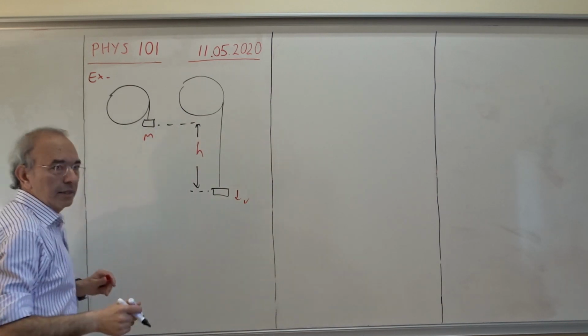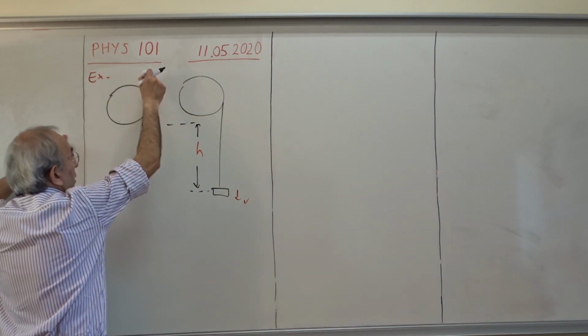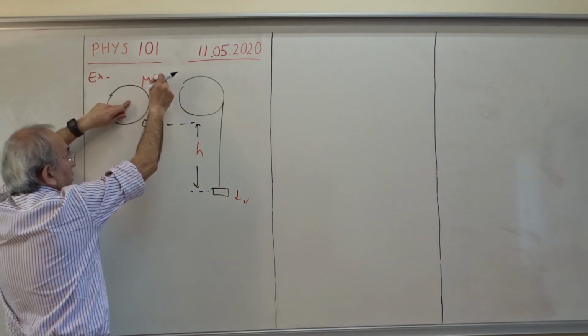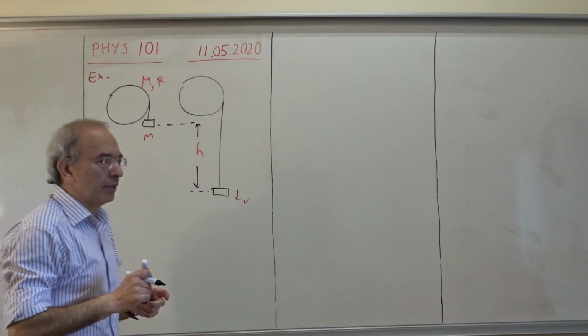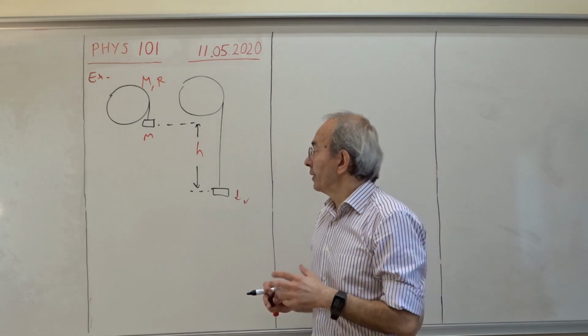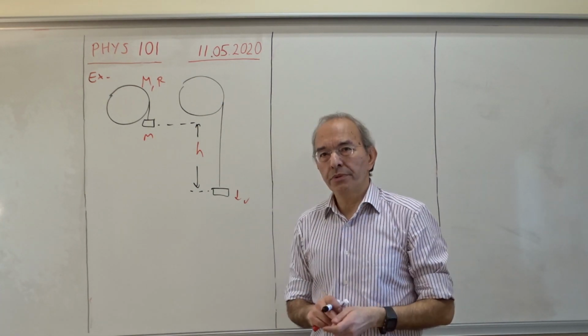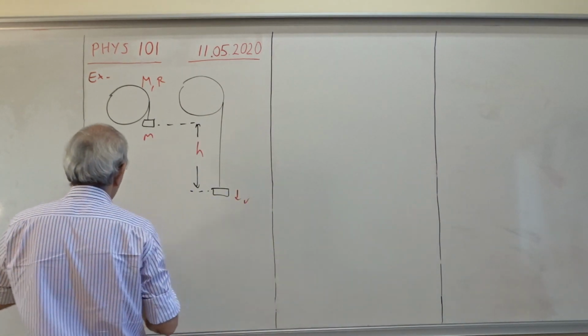Little mass is little m. Well, now the pulley is mass M, radius r. And maybe you can find it in the previous lecture easily. We applied the energy conservation principle. Let me write the text again.